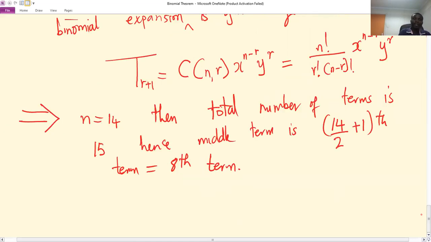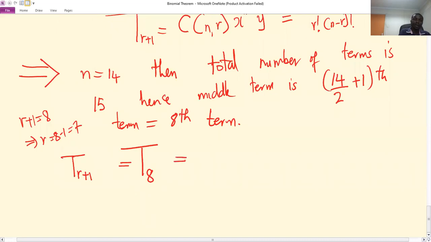So when you say 8th term, you mean that now we have to calculate T8. But remember, the formula is T_(r+1). So r plus 1 is 8, which means that r is 8 minus 1, which is 7.